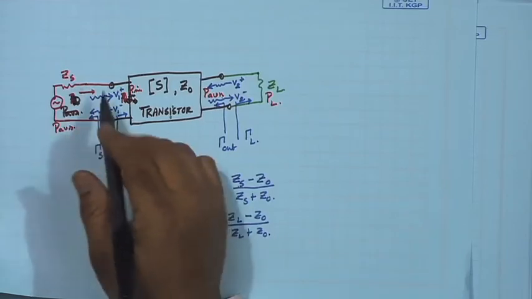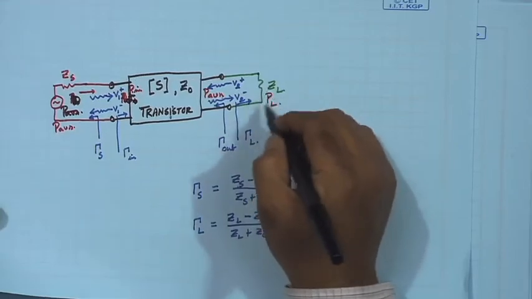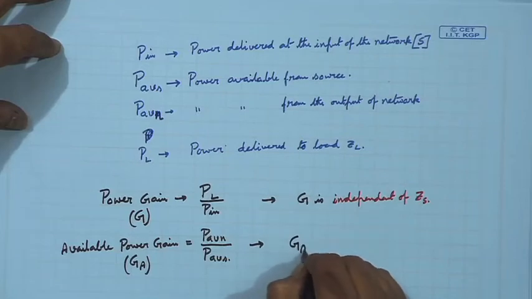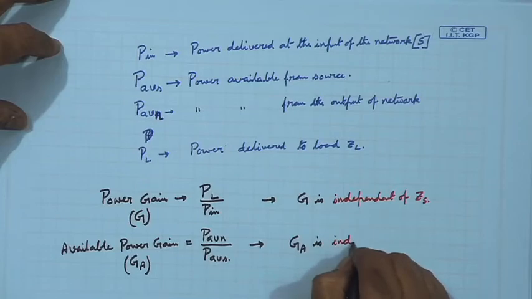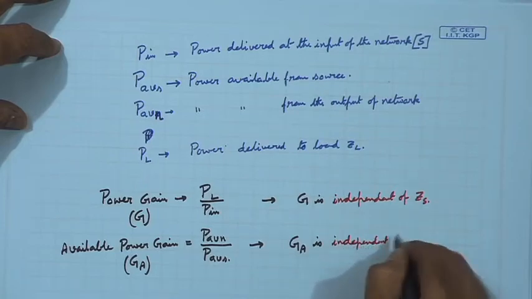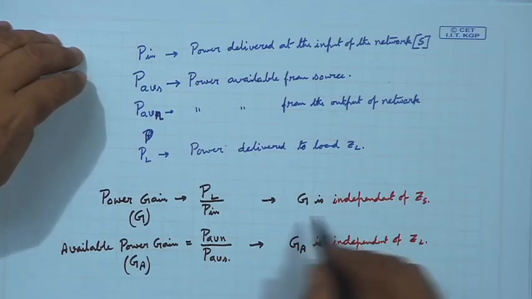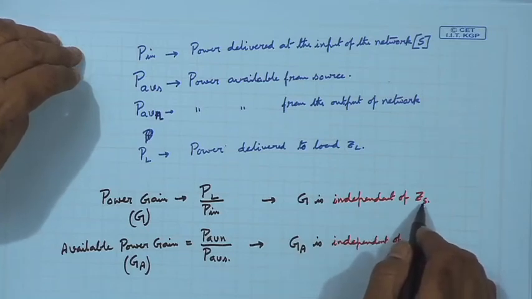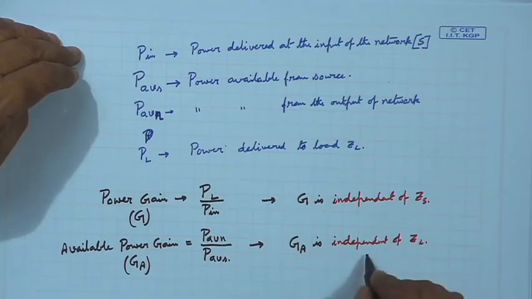That means now I have incorporated Z_S, but I have not incorporated Z_L. This loading I have not considered. So, I can say that G_A is independent of Z_L. Obviously, this G is dependent on Z_L, independent of Z_S. This G_A is dependent on Z_S, independent of Z_L.